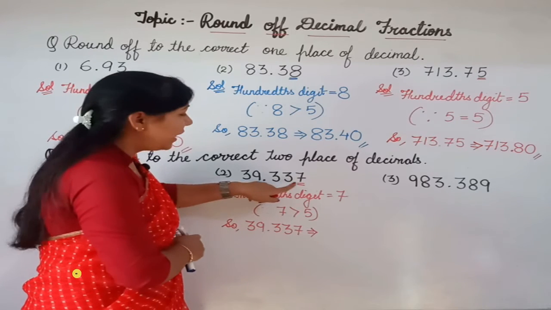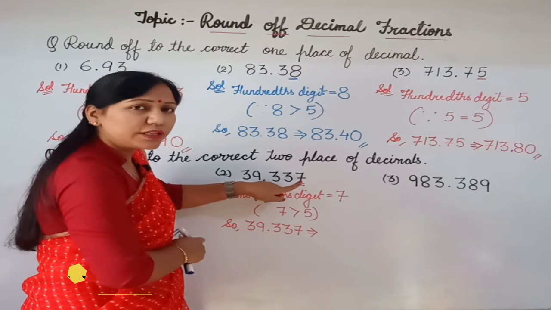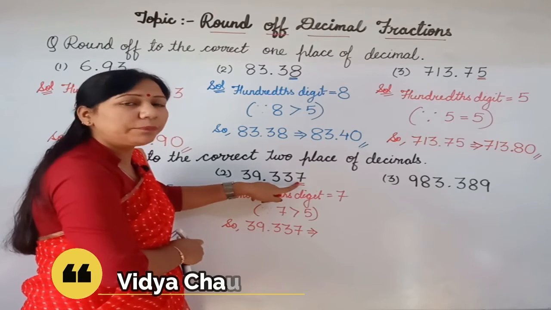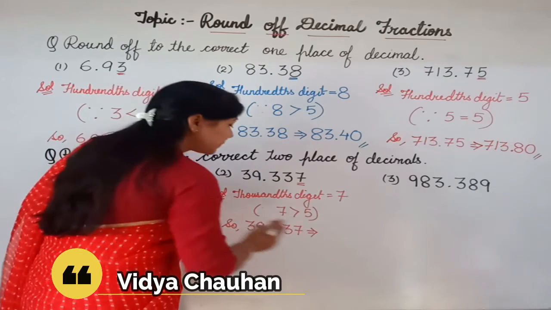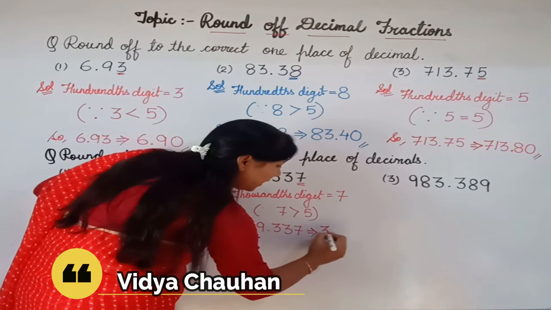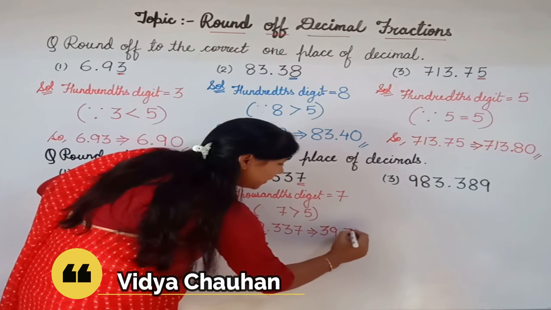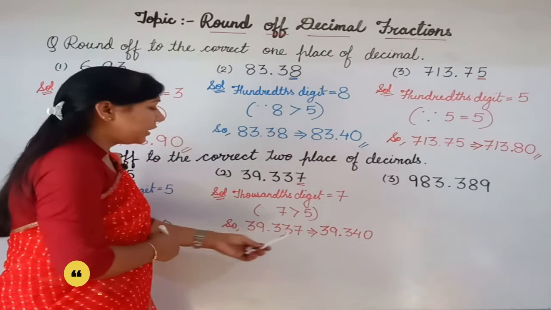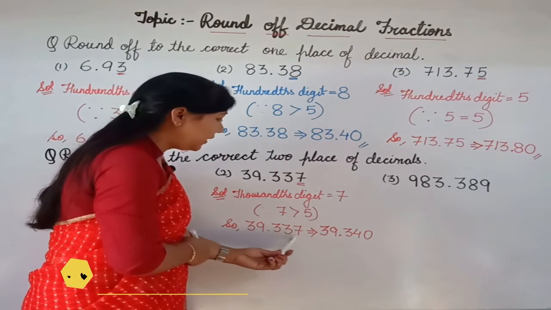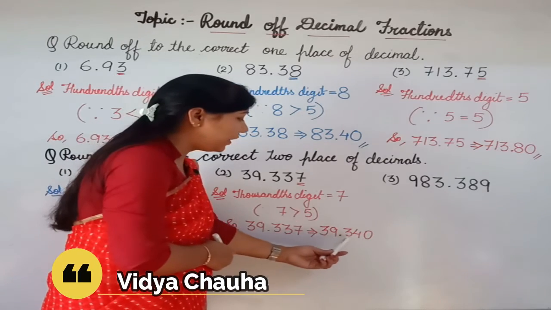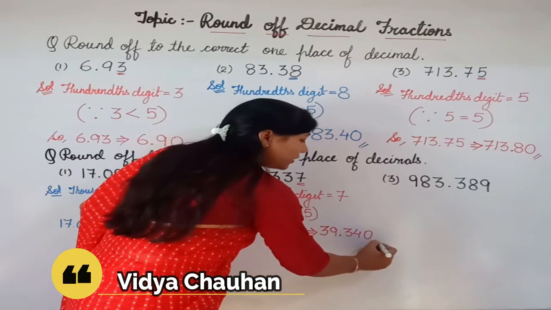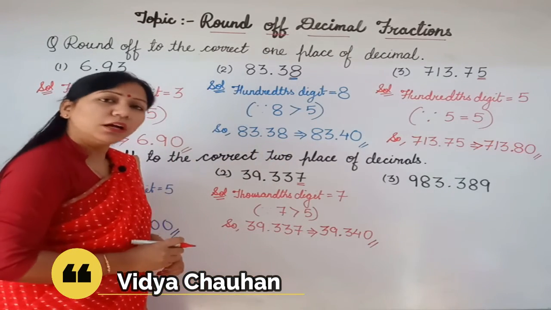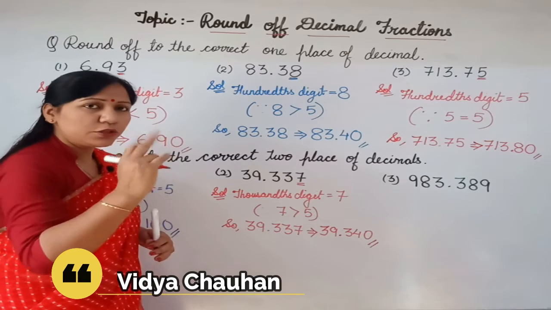Since the digit at the thousandths place is greater than 5, the digit at the hundredths place will increase by 1 and the thousandths place digit will be replaced by 0. So the round off for 39.337 is 39.340. This is your round off correct up to 2 decimals.